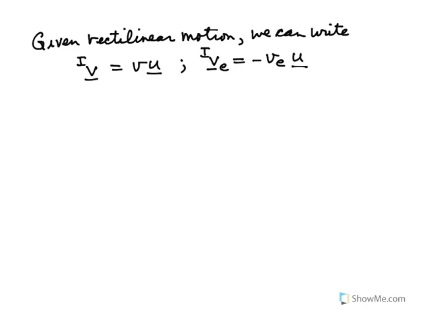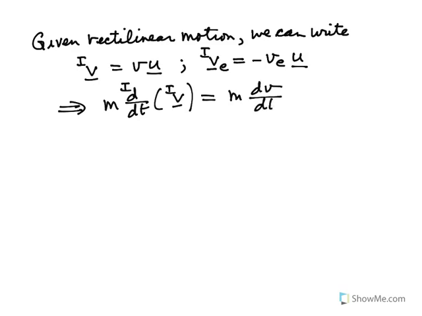And as a result, we have the following equation, which is m times d/dt in I of v_I is equal to m times dv/dt times u. And we've assumed here that u is inertially fixed, because it's moving in a straight line, otherwise it wouldn't be moving in a straight line.